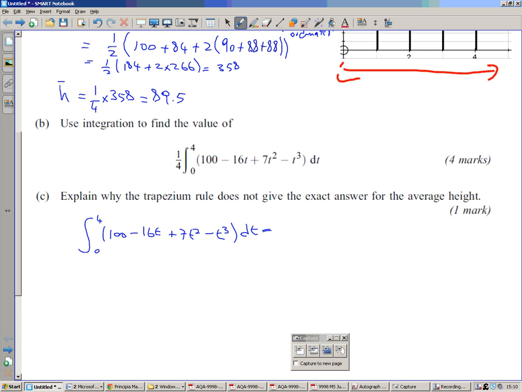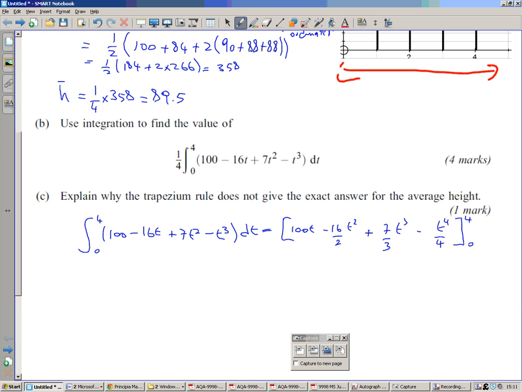That is equal to, right, Harry, what's the first term? The first bit. 100t over 1 if you want, yeah, plus 7, okay, 4 to 0.